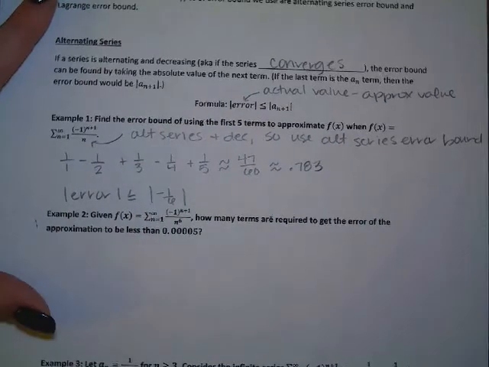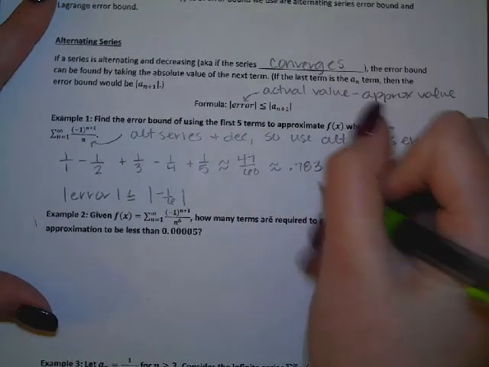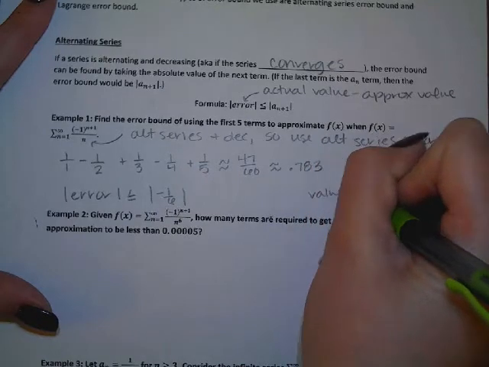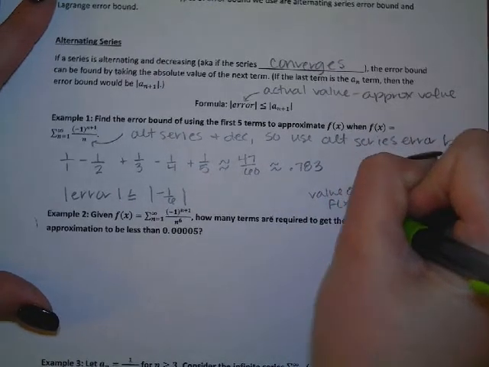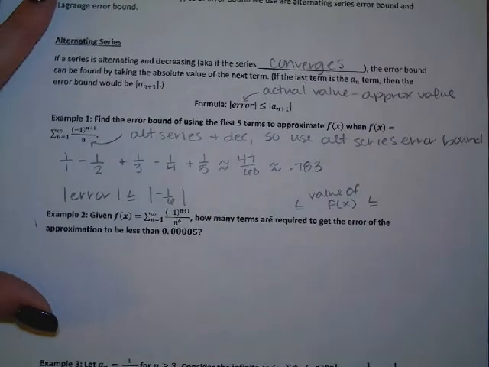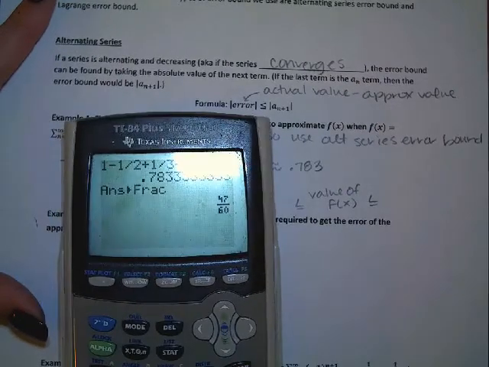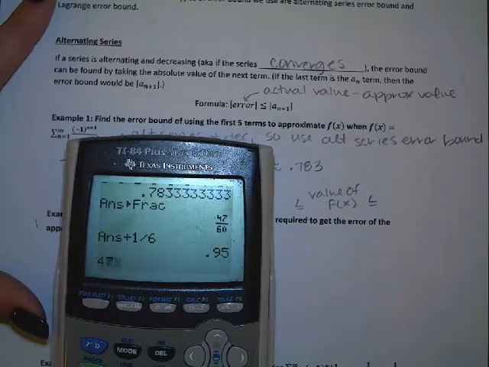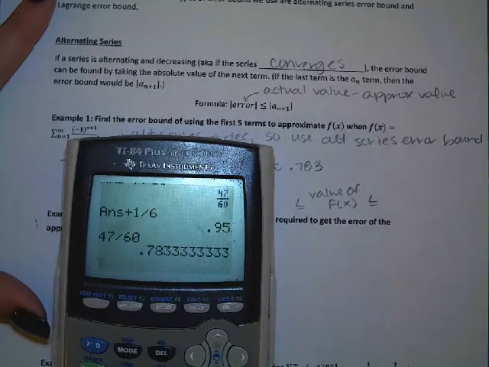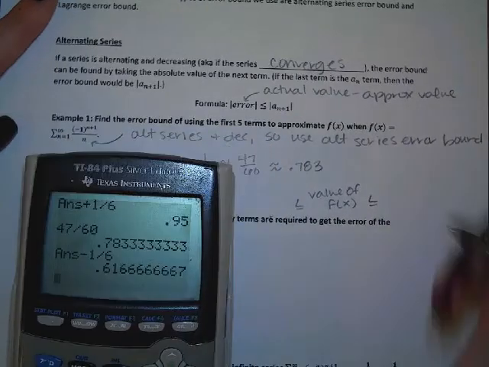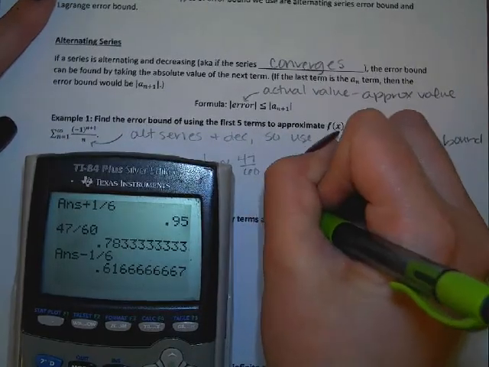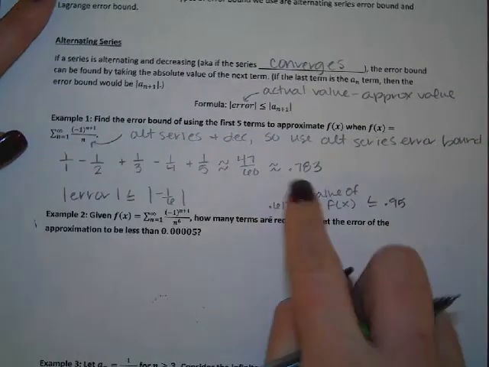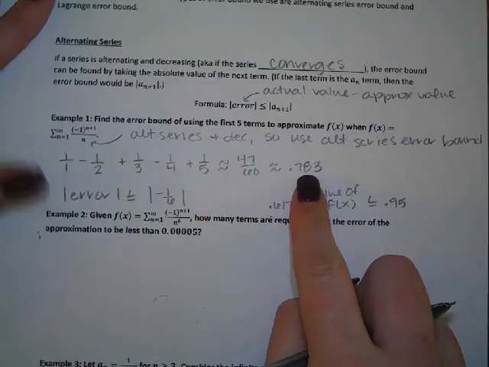So that means the actual value of f of x, not approximate, is going to be between minus 1/6. So it's going to be between 0.617 and 0.95. I think the value is probably 0.873. That's my best guess.